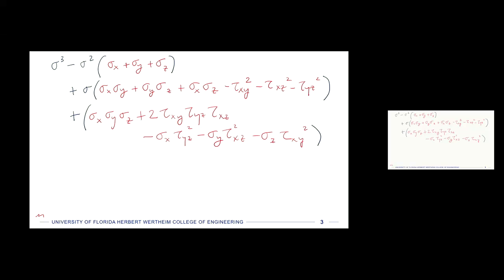So the first one is on the top, and it's the coefficient for sigma squared, and that is the first invariant. So we're going to call it capital I1. That's the definition for those first three terms, sigma x plus sigma y plus sigma z. And then the second long term that we have is the second invariant, so we'll call it capital I2. And then the third one, capital I3.